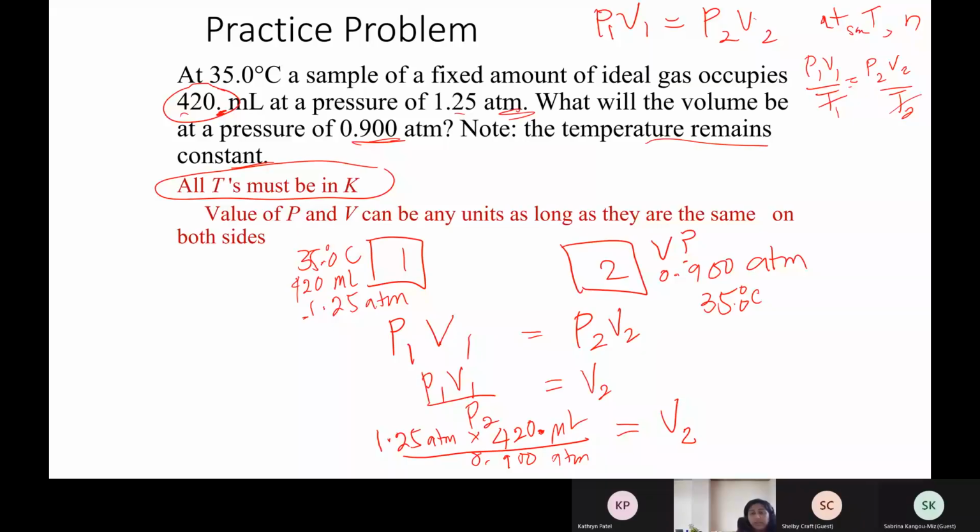It cannot be in two different units. It can be in atm, or in millimeters of mercury, or in pascals, but it doesn't matter. Both sides should have the same type of units for the volumes and the pressures. But when you are going to work with temperature, the temperature must always be converted to Kelvin. Good question.